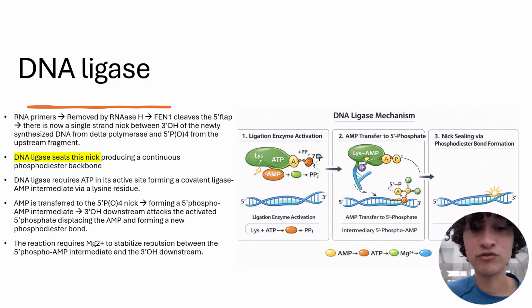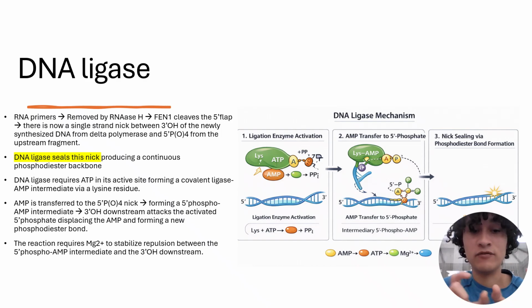Okay, so that means a downstream 3' OH on the Okazaki fragment. Okay, so just remember we've removed it. The 5' phospho-AMP intermediate is formed with the nucleotide that used to be where that ribonucleotide would be joining with the Okazaki fragment. Okay, so the downstream 3' hydroxyl group on that Okazaki fragment becomes activated, and that 5' phosphate, that AMP, is displaced.